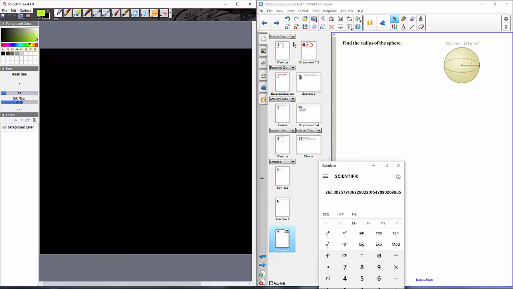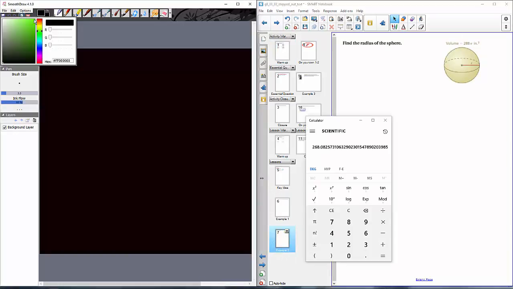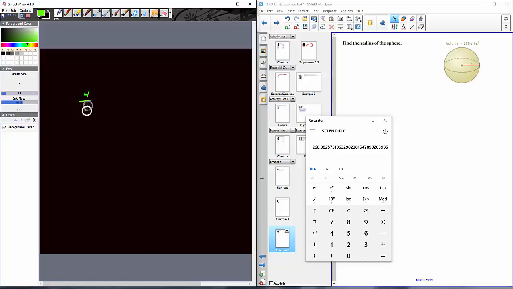So I know the volume is, oops. All right, so again, what I have is my 4/3 times radius cubed times pi, and that all equals 288 pi inches cubed.